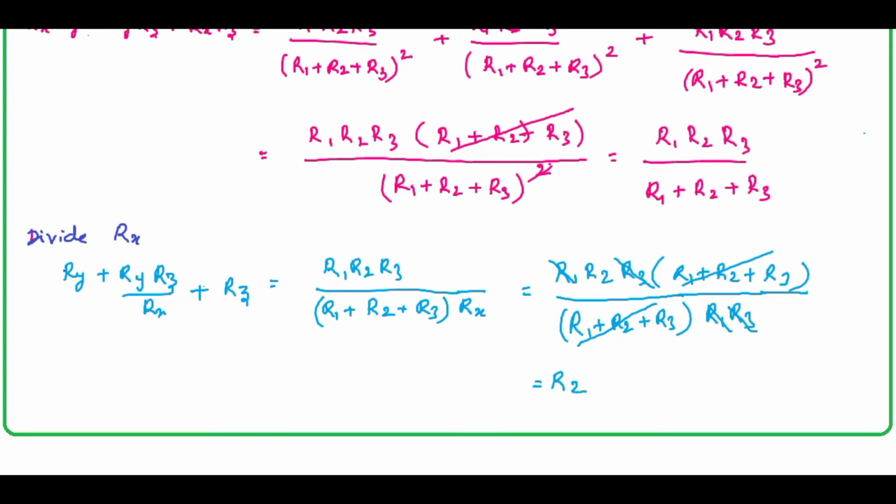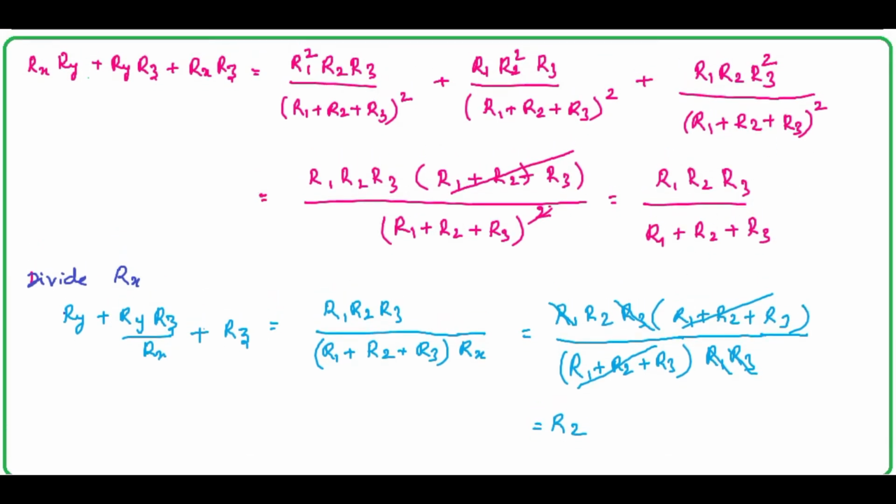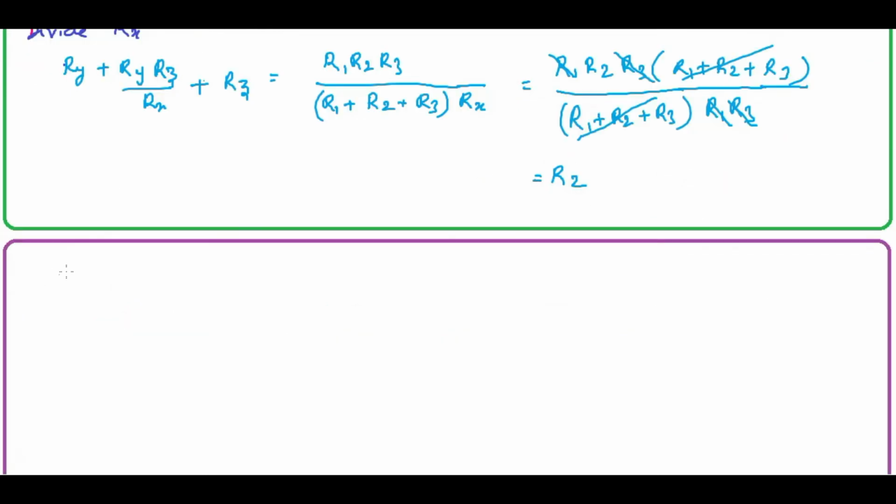Okay, finally it remains with R2. So with this clarity we can conclude that R1 is equal to Rx plus Ry plus Rx Ry divided by Rz.